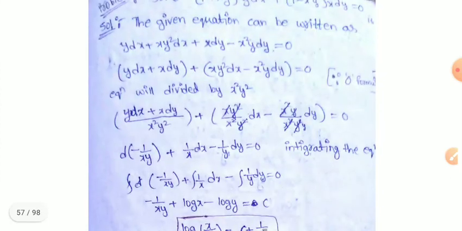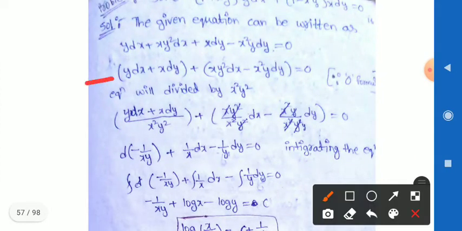Now this equation can be divided by x square into y square. By dividing by x square y square we get y dx plus x dy by x square y square plus xy square by x square y square dx minus x square y dy by x square y square.